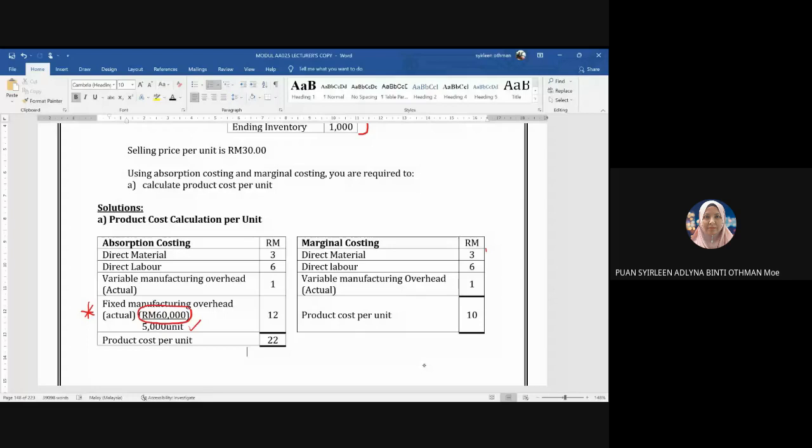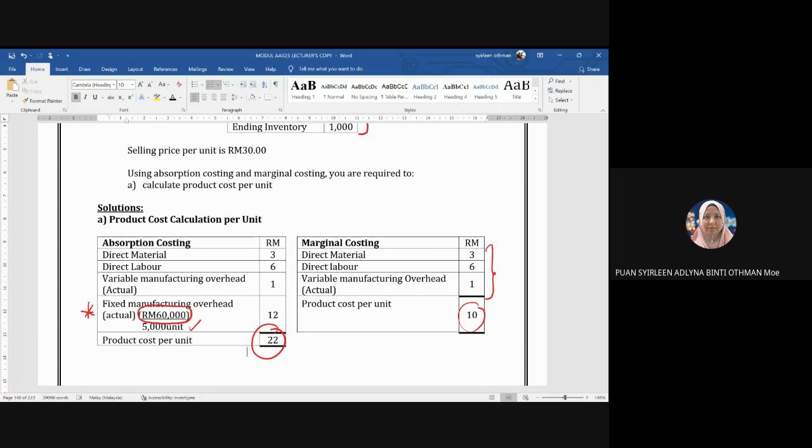So dia cuma ambil kira all the variable costing, which is your DM, DL and variable MOH. Okay, so sebab tu ada beza untuk cost per unit. So bila kita buat statement nanti, kalau untuk absorption dia akan guna RM22 untuk kira. Tapi untuk marginal dia akan guna hanya RM10 ni.